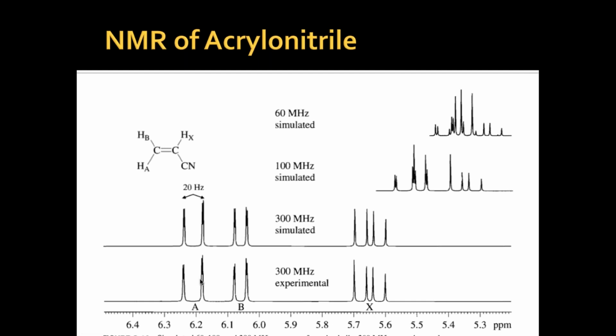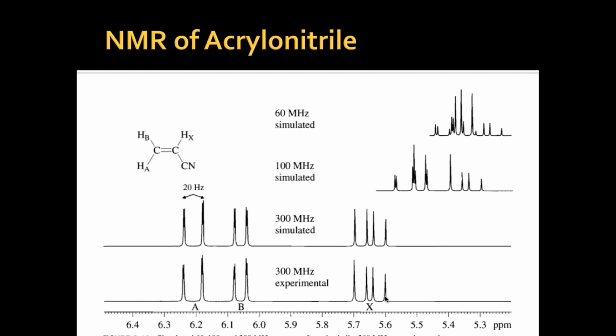So there are singlet, doublet, triplet, quartet. We should remember these four ways to describe the peak shape. Singlet is this. You can see in the X, you have singlet, singlet, singlet, singlet. This is easy to say, singlet.